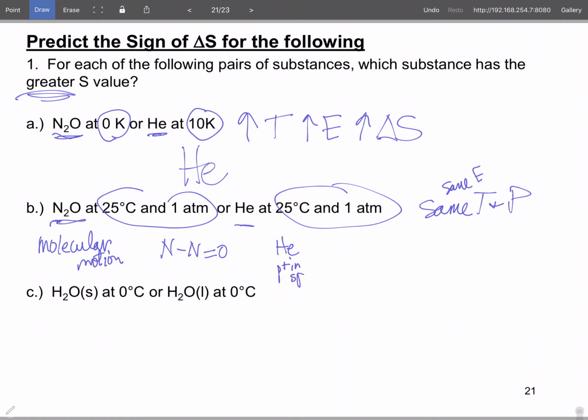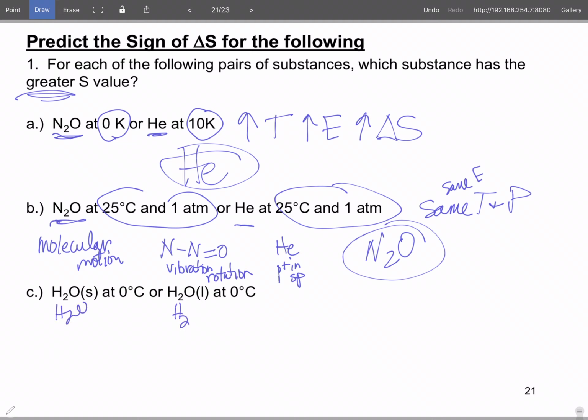So it really has nothing other than translational energy, whereas this one has all of the vibrations associated, and the rotation would be much more interesting, etc. So in this case, it's not a huge difference, but N2O will have the greater entropy. Okay, so now here we go. We have water.